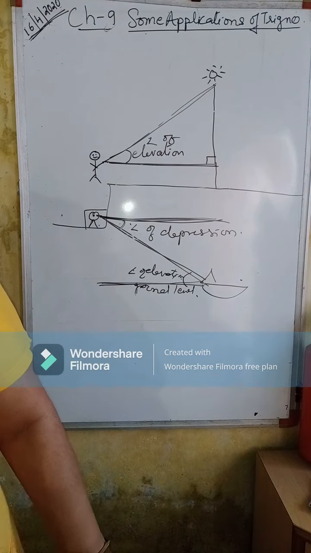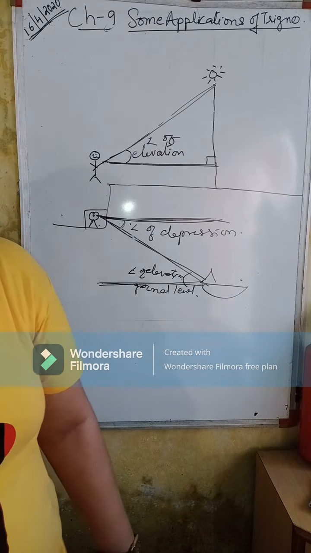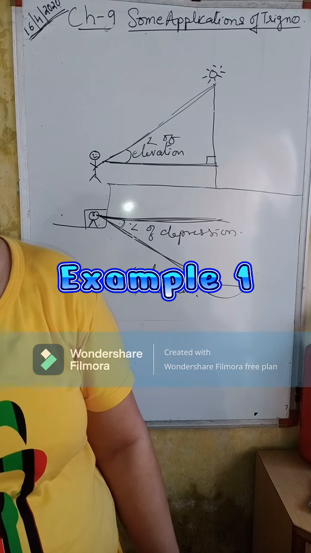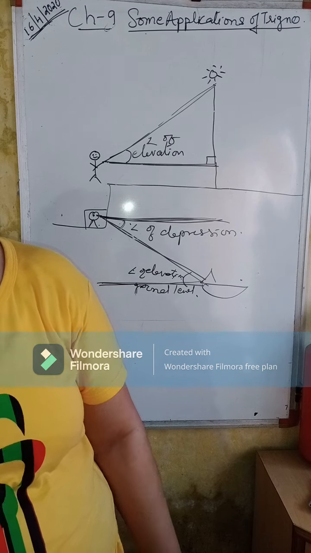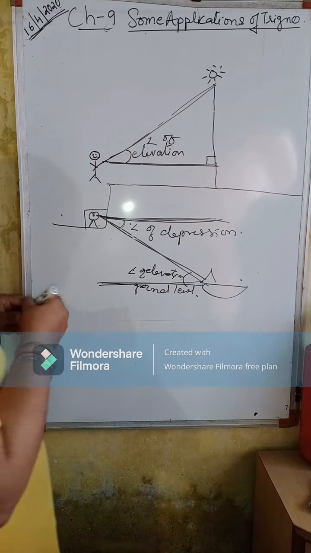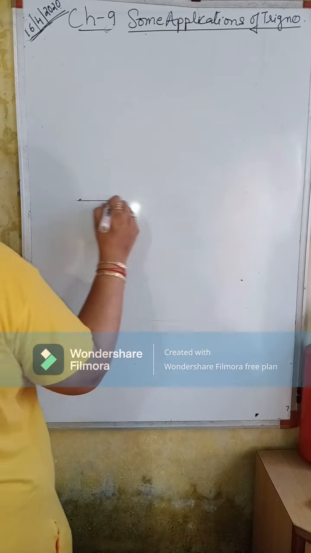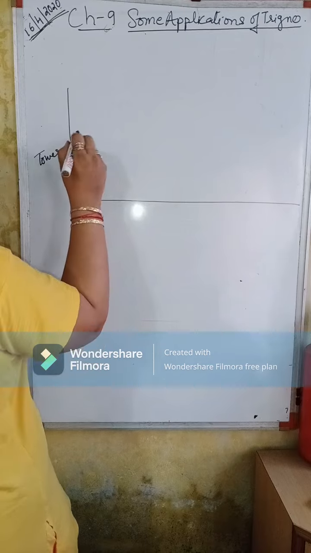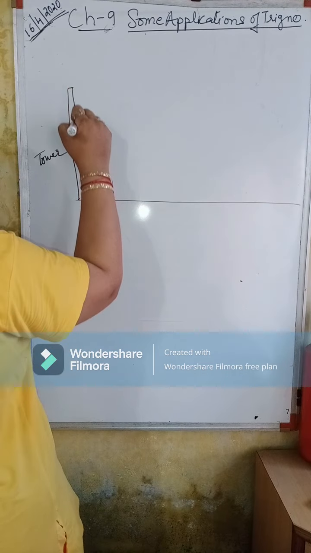Okay, first example. I'll not write the question, just pay attention in your book. A tower stands vertically on the ground. From a point on the ground, this is the ground, and from here the tower is standing vertically. This is the tower.